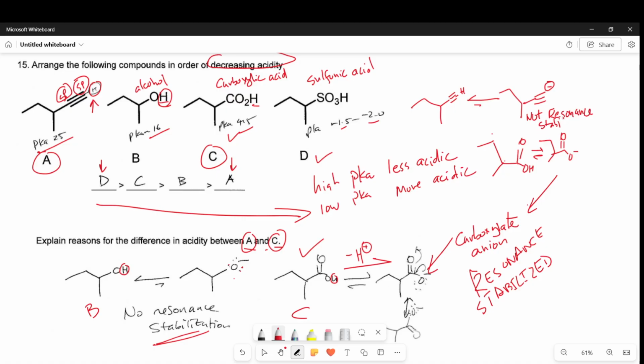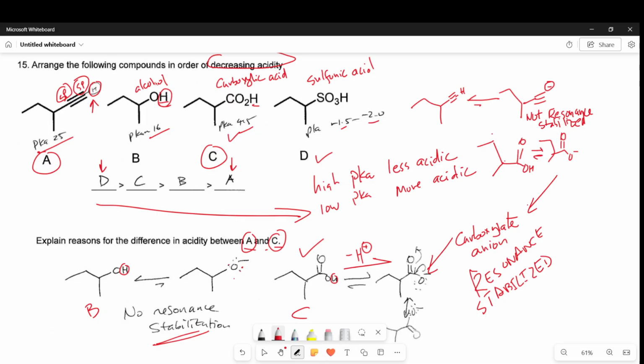So both reasons are fine for A and C and B and C as well. So that's why the acidity differences are. But the general acidity is D is the strongest acid, and A is the least acidic compound.